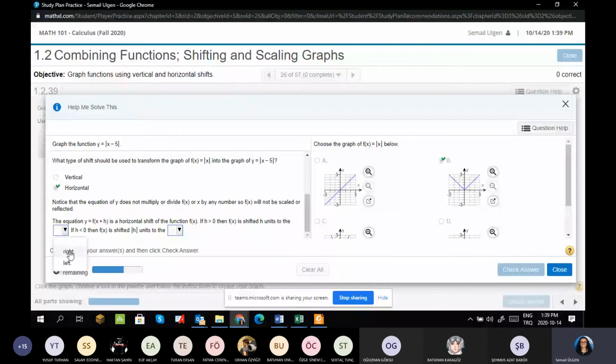If h is positive, it is left, by h units. If h is less than 0, then f(x) is shifted the absolute value of h, because it has to be a positive unit, to the right.